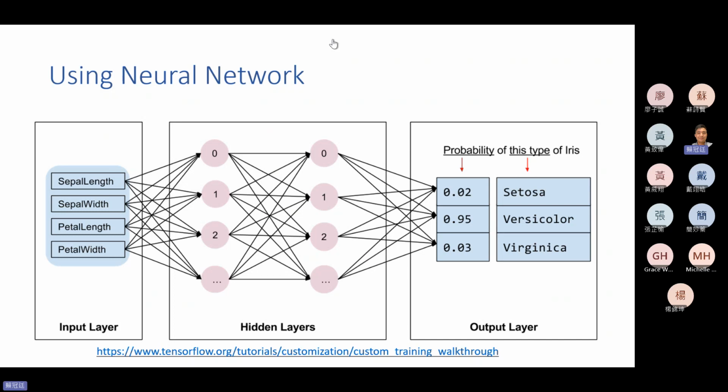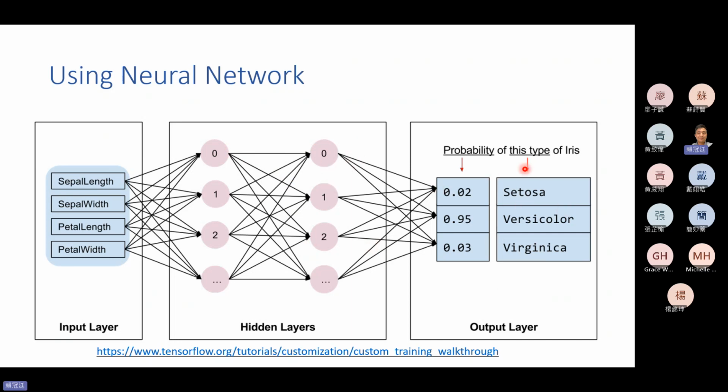We can usually accept multiple features. In the previous example, we used 2 features because we wanted to visualize the classifier. The input is the features, and then we go through multiple hidden layers. How many depends on how many you want to use, and each neuron is connected to the neurons in the next layer.